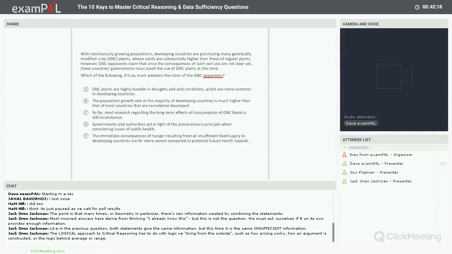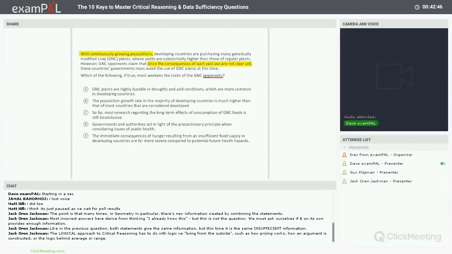The claim supporting GNC isn't actually stated explicitly here, but the word "with" in "with continuously growing populations" serves to imply that this is a reason. As in, because populations are growing, GNC plants which yield more food are needed. The opponents' claim, meanwhile, rests on the fact that the consequences are unknown and thus may be harmful, right?